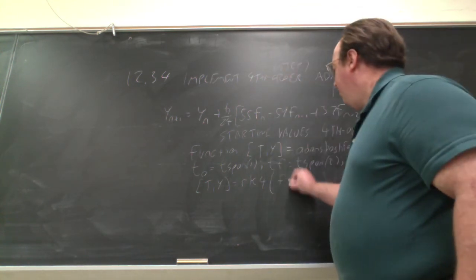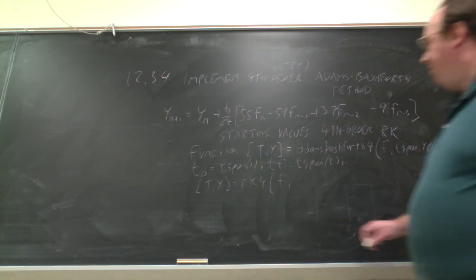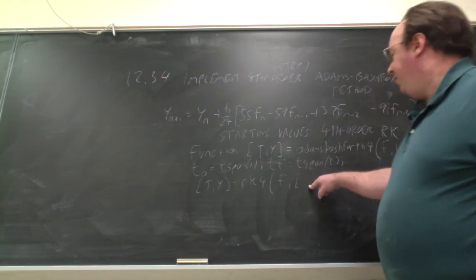But what you would do is, for a four-step multi-step method, you need 3 starting values. You have y naught already. You need y1, y2, and y3. So what you could do is use a different t span.